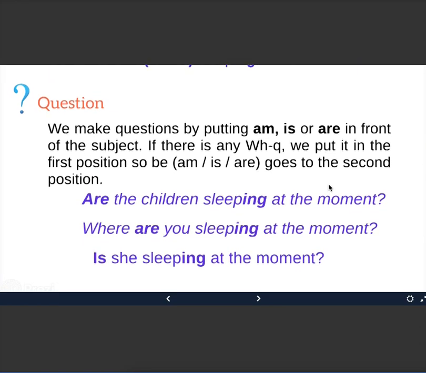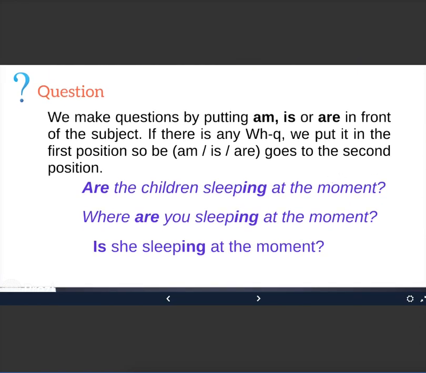And finally, we are going to check how to make questions in present continuous. So, Vero, can you please help me reading this slide? Yes, miss. We make questions by putting is or are in front of the subject.